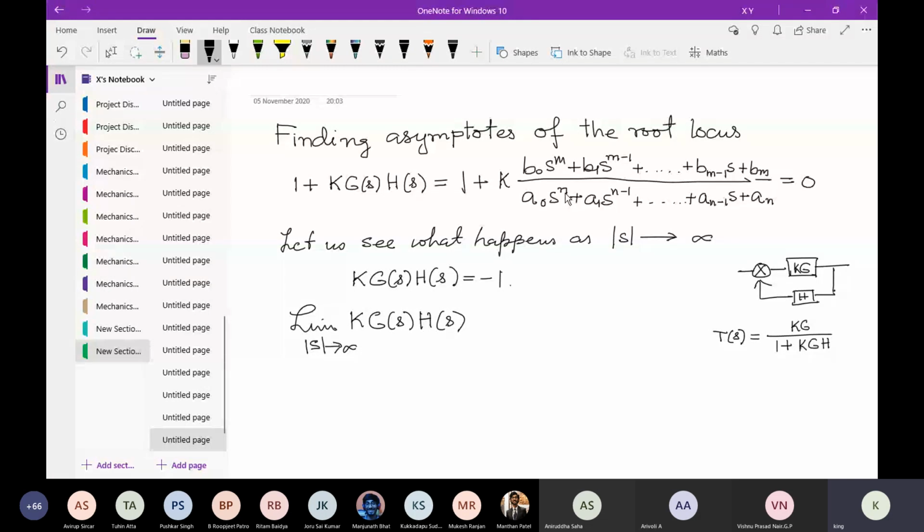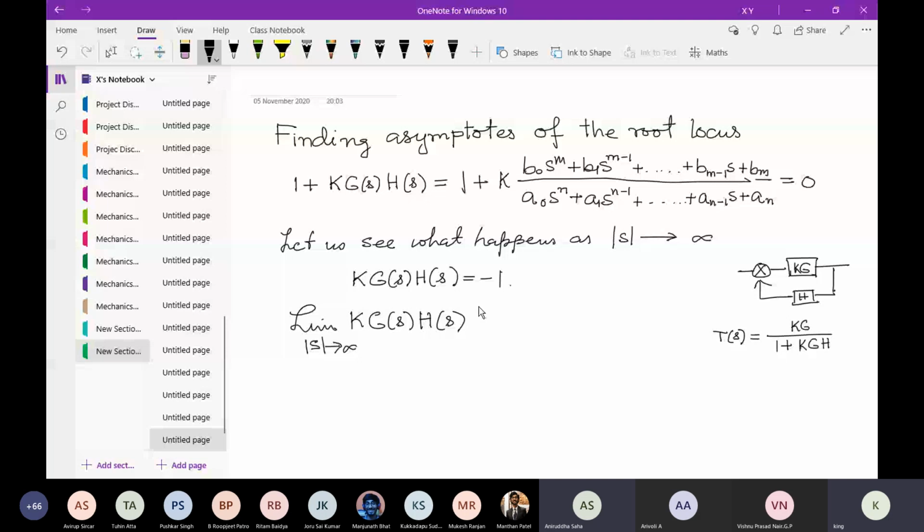As s tends to infinity, this will tend to just the first terms of the polynomial. Okay, this way, sir? Yes.